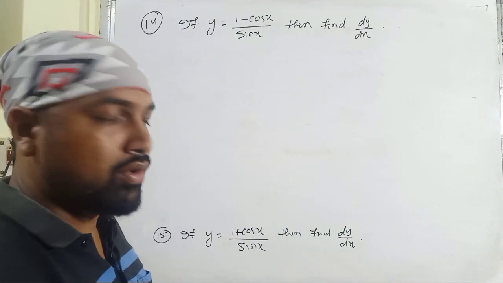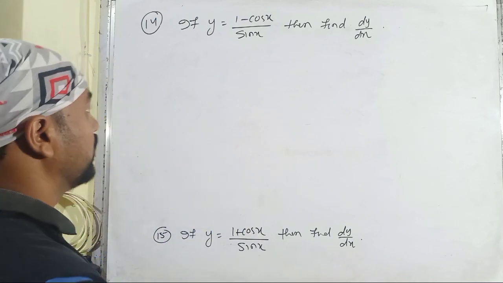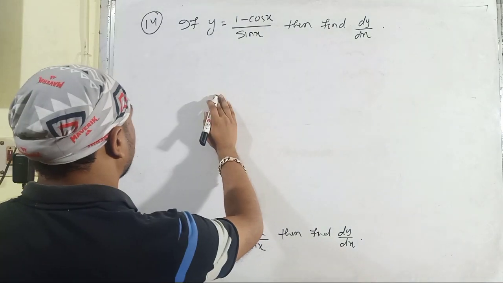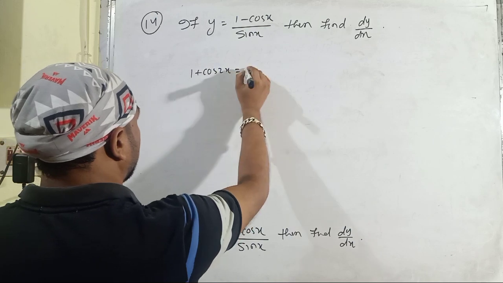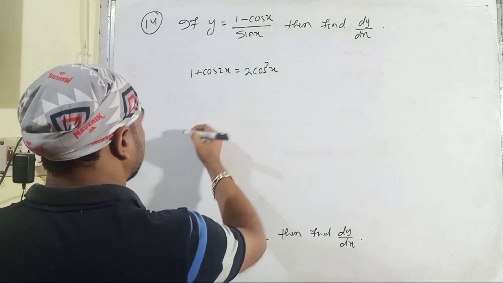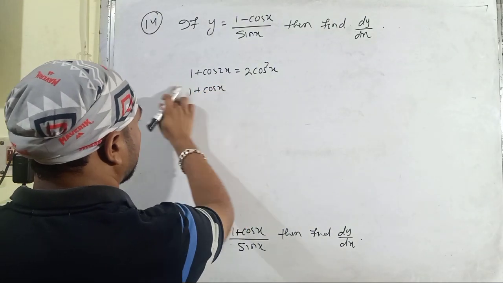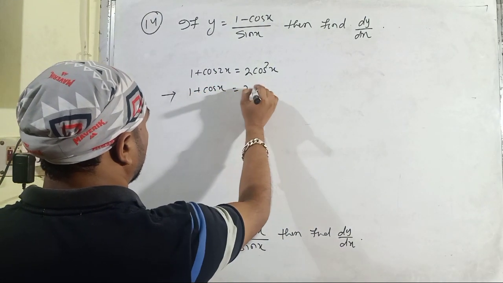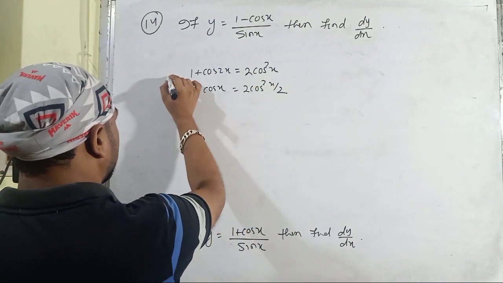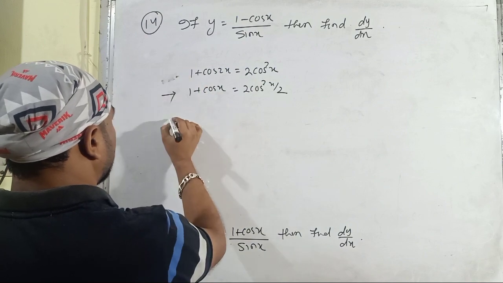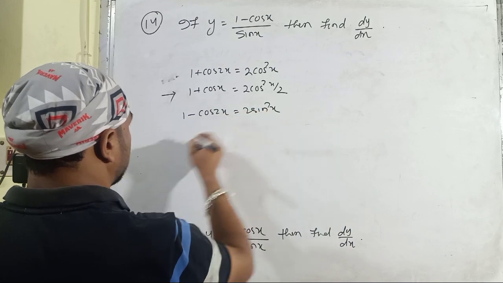So let us solve the problem number 14 and 15. Before going to the problem number 14 and 15, let us remember some of the trigonometric formulas here. We know that 1 plus cos 2x is 2 cos square x. That implies 1 plus cos x will be 2 cos square x by 2. Then 1 minus cos 2x is 2 sin square x.